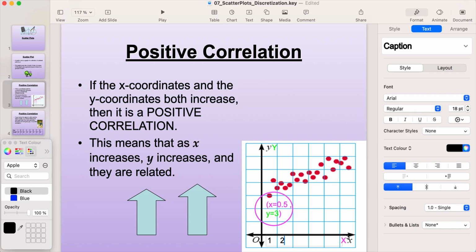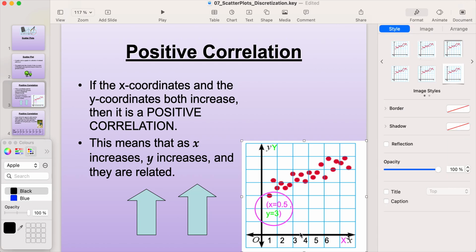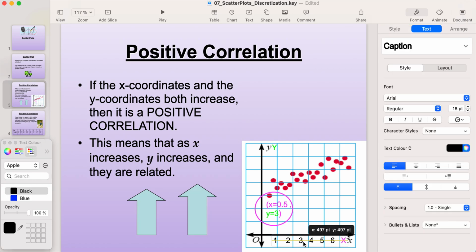One, two, three, 4, 5, 6. The numbers for x.